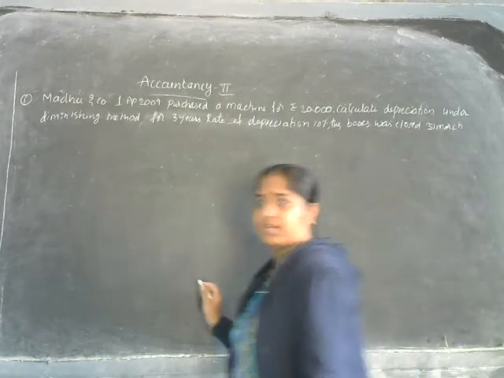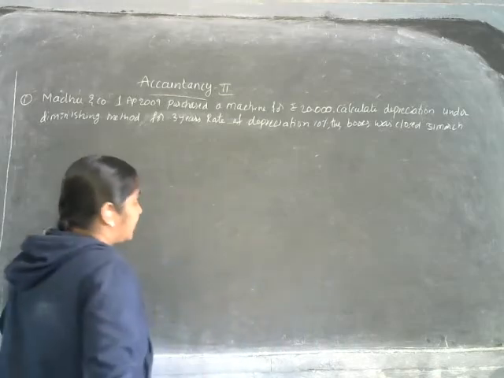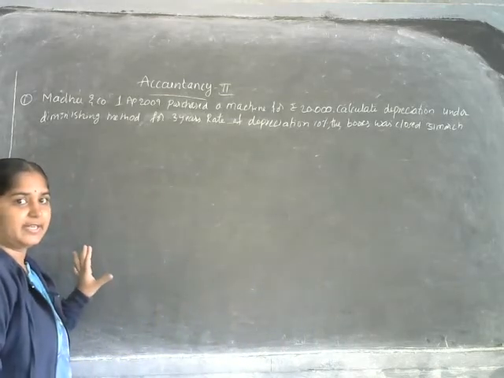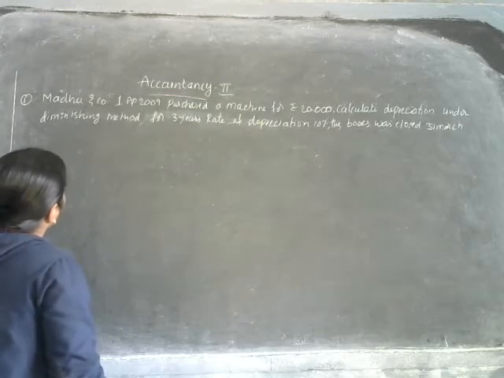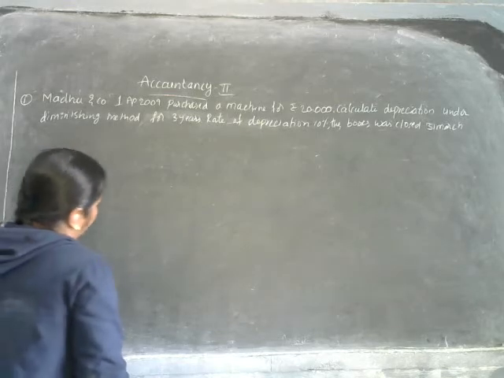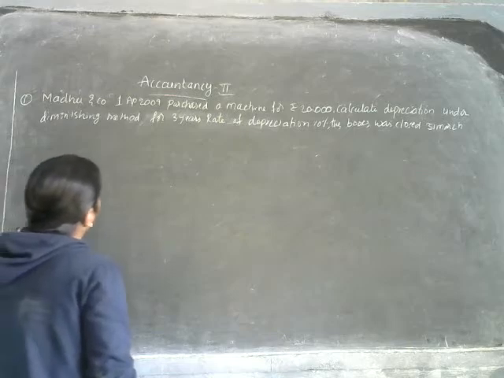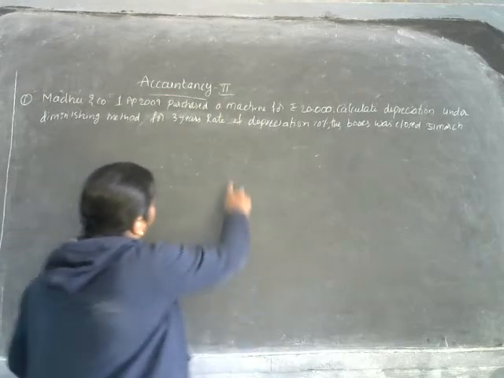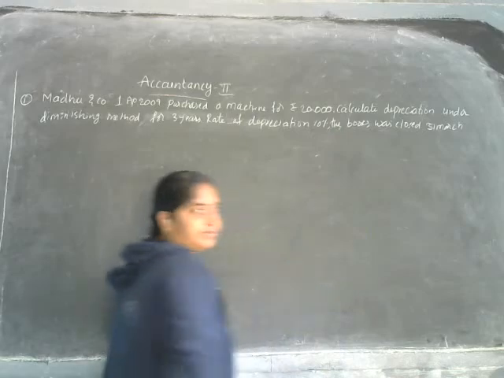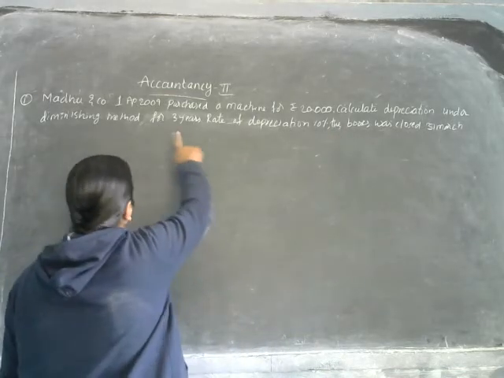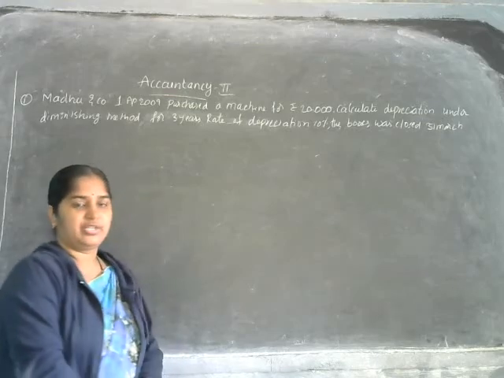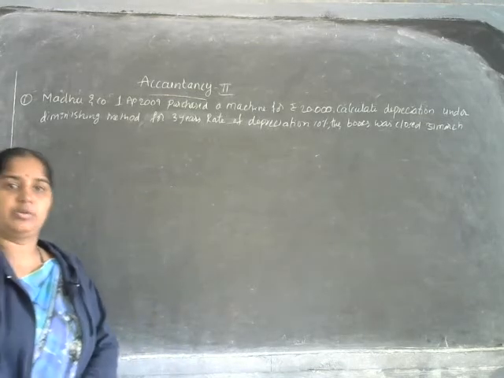Okay, so here see the one problem we can understand. What is that? Madhu and company purchased on 1st April 2009 a machine for 20,000. So here what is he telling us? Madhu and company purchased a machine on 1st April 2009.